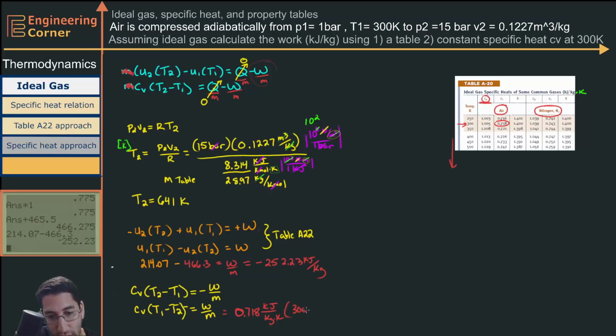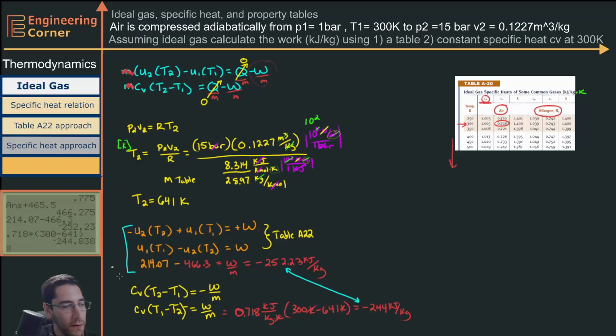T1 is 300 K. T2 is 641 K. So the K's are going to cancel with this. And again, I get kilojoules per kilogram. And I'll get 0.718 times 300 minus 641. I'll get this is equal to minus 244 kilojoules per kilogram. The two answers are pretty similar.